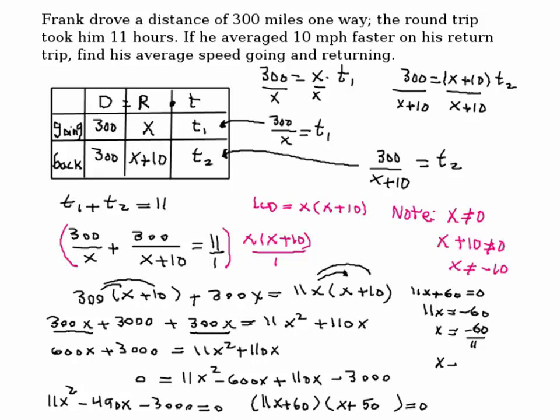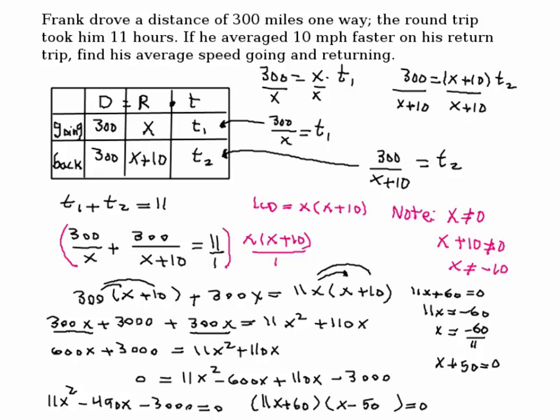So x plus 50 equal to 0, one of them has to be negative, so this is negative 50.